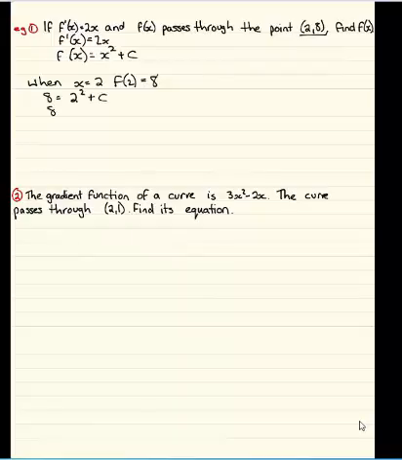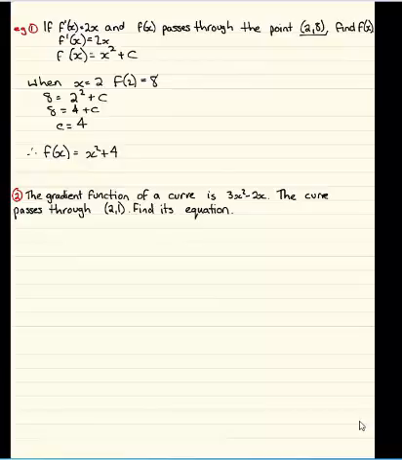So 8 is equal to 4 plus some constant. My constant c had to be equal to 4. Okay? So therefore, the original function, the primitive, was x squared plus 4. Because if I differentiate x squared plus 4, I get 2x, which is what was given to me, and that's the one that passes through the point (2, 8).